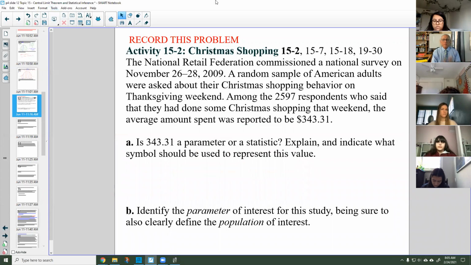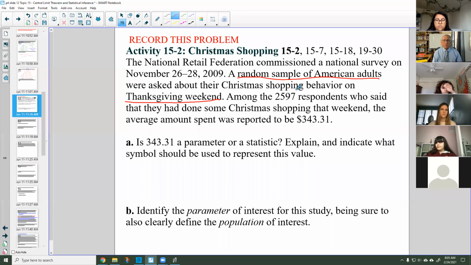The National Retail Federation commissioned a national survey on November 26th through 28th, 2009. A random sample of American adults. Okay, so this is a good thing to know right here, that it is a random sample of American adults, were asked about their Christmas shopping behavior on Thanksgiving weekend.